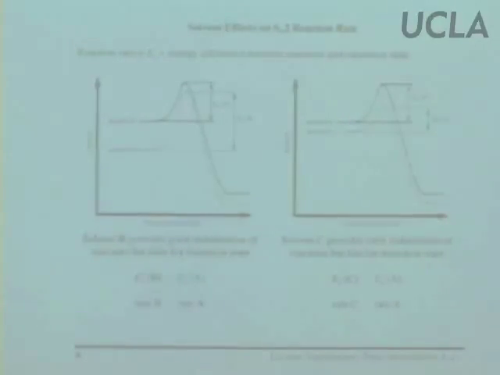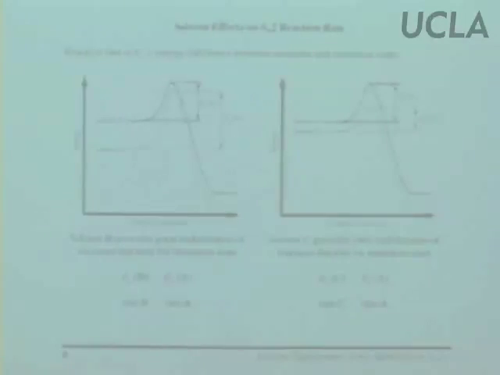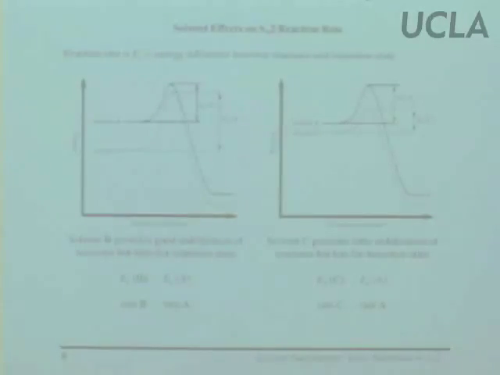All right, what's happened to the rate? Now, it's true that solvent B, the dotted line, has a lower transition state structure energy. That is true. But it is not only the energy of the transition state that controls the rate. Rate is controlled by a delta G, not just a G. It's controlled by a delta G. It's the energy difference between the reactants and the transition state. So if you want to compare the rate of these two, look at the magnitude of the energy of activation here.